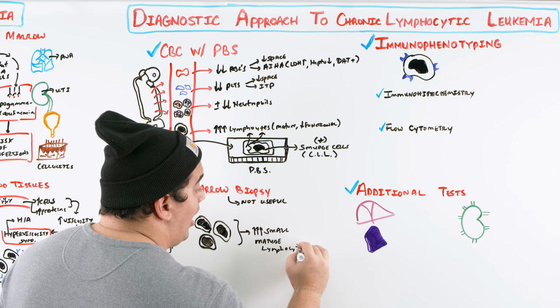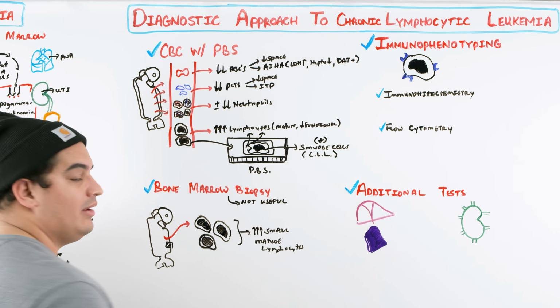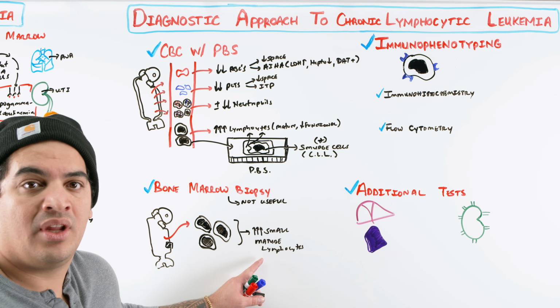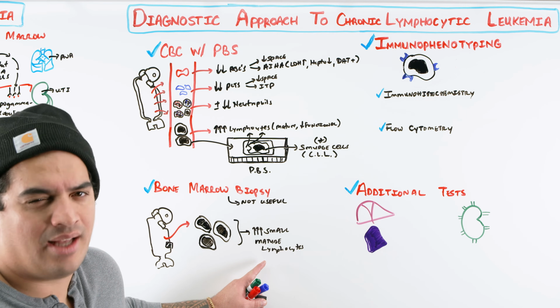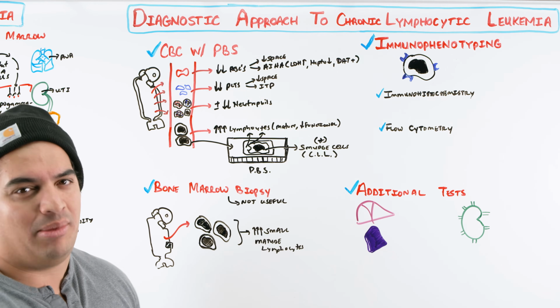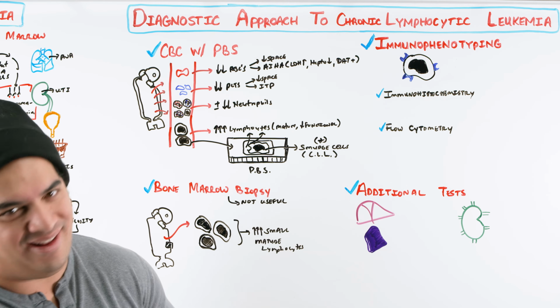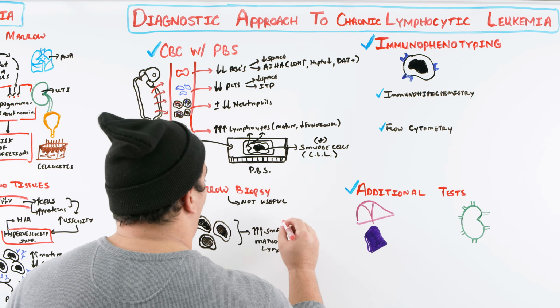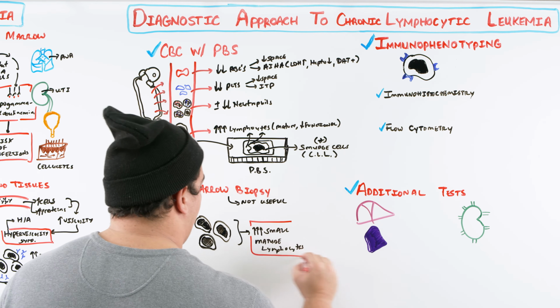And that may be helpful because when you see this, you think CLL. If you saw a ton of large, immature appearing blast cells, almost greater than 20% lymphoblasts, then you would start thinking about ALL. So this is way more helpful for ALL and not as helpful and useful and diagnostically definitive as in CLL.